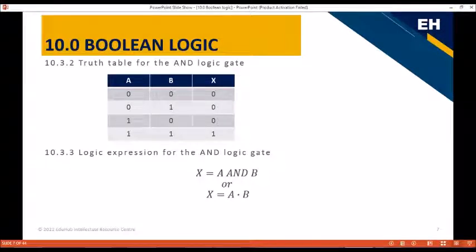Here is the truth table for an AND logic gate. And you can see we have 4 input combinations, or rather 4 rows. Now these 4 rows are not gotten by random, but they are gotten from the formula 2 raised to power n, where n is the number of inputs. So in this case, 2 raised to power 2 equals 4.